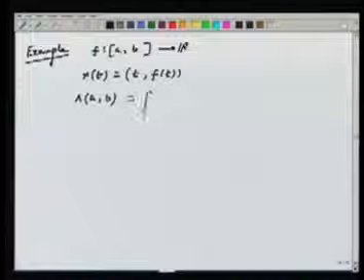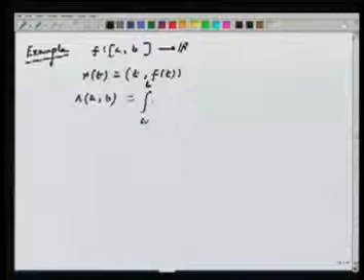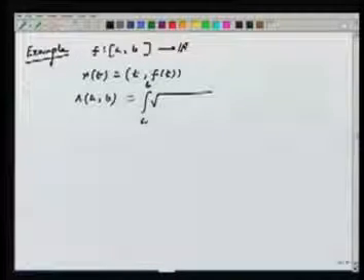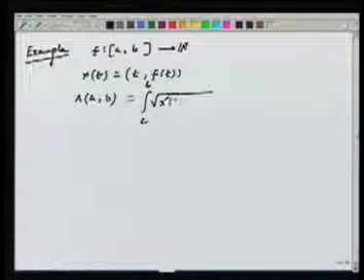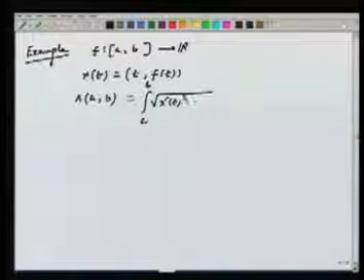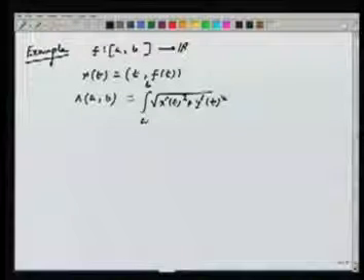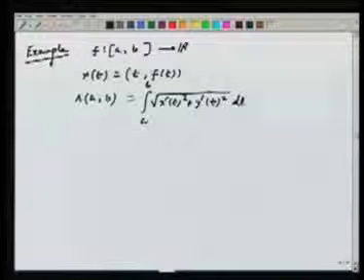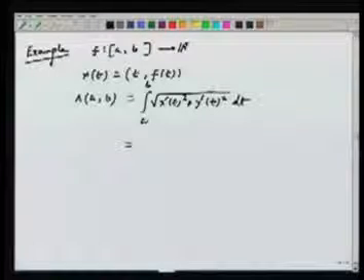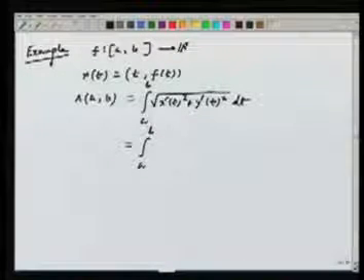This is the integral from a to b of the square root of x prime t square plus y prime t square dt.